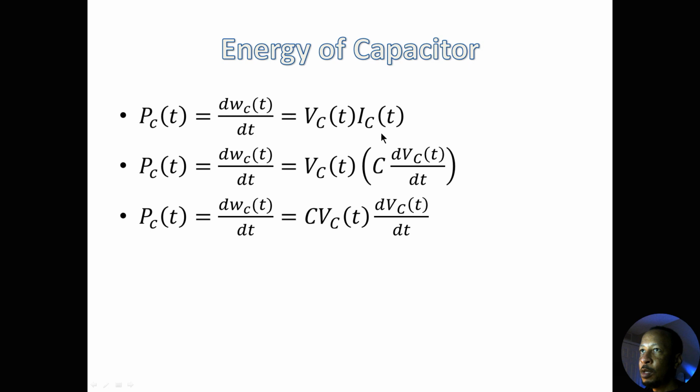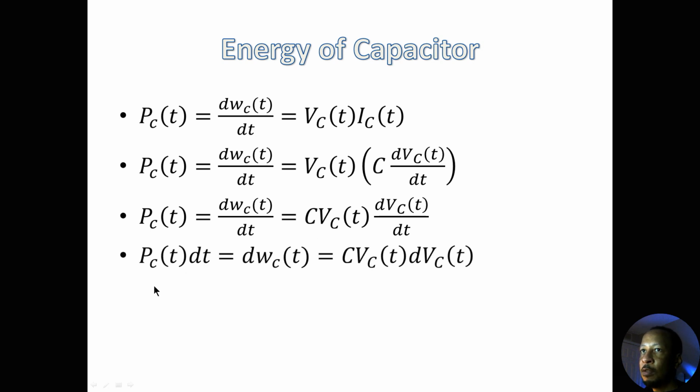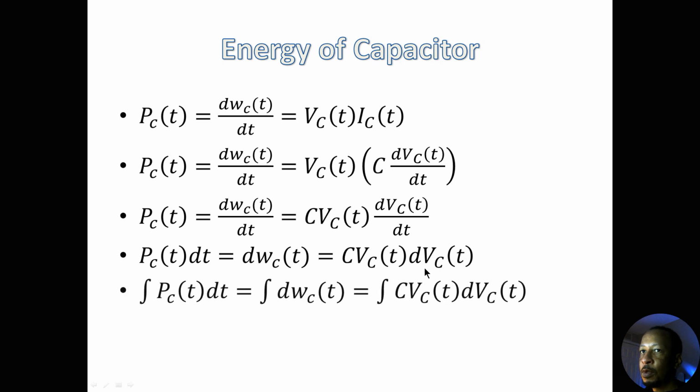Now, because that's your I_C(t), I_C(t) is equivalent to this, right? So P_C(t) equals dW_C(t)/dt equals C V_C(t) dV_C(t)/dt. And so next we have P_C(t) dt equals dW_C(t), which equals C V_C(t) dV_C(t).